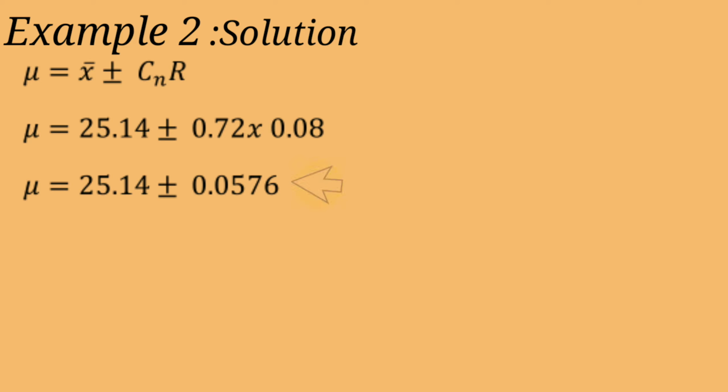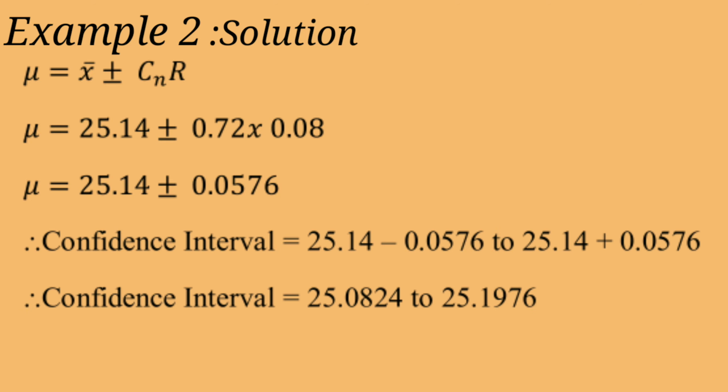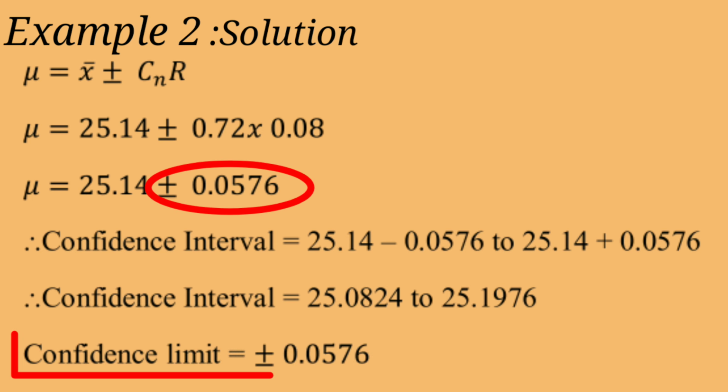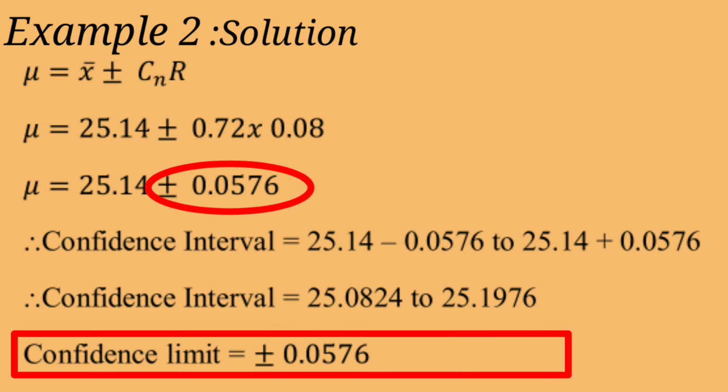Further, on subtracting and adding the value of 0.0576 to 25.14, we get 25.0824 to 25.1976. Hence, this is the confidence interval and the confidence limit is plus or minus 0.0576.